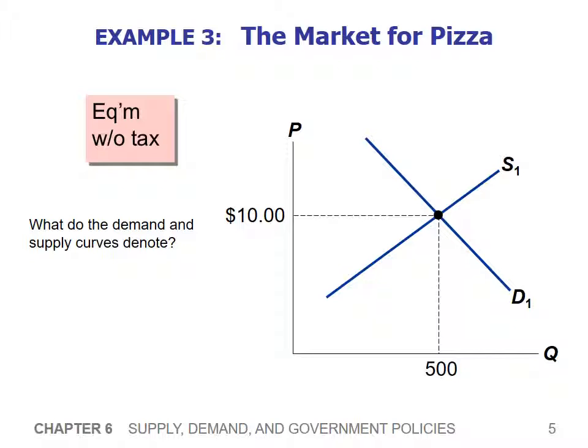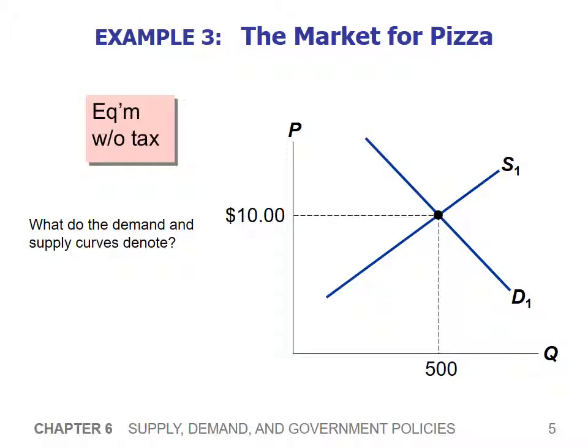The demand curve can also be considered to represent the highest amount the buyers are willing to pay to consume a certain amount of good. For example, the maximum that the buyers are willing to pay for 500 pizzas is $10 per pizza. Why is that the case?